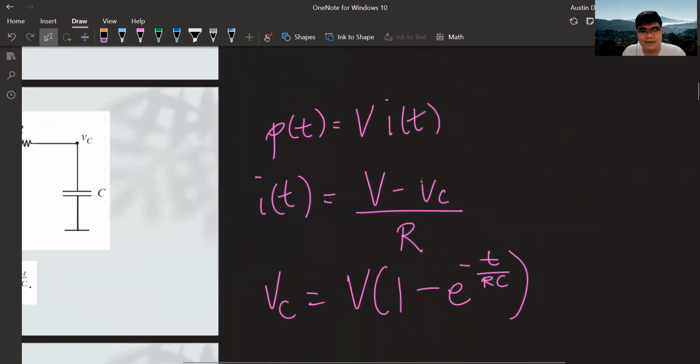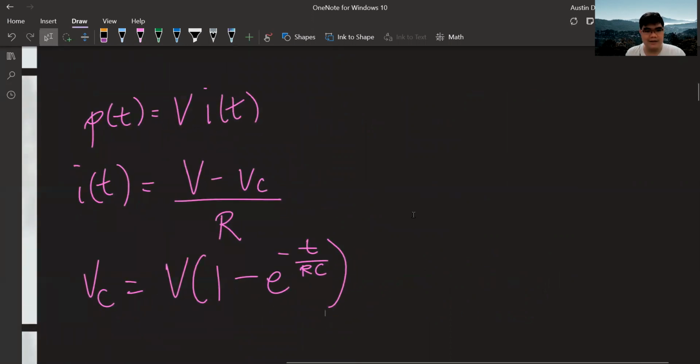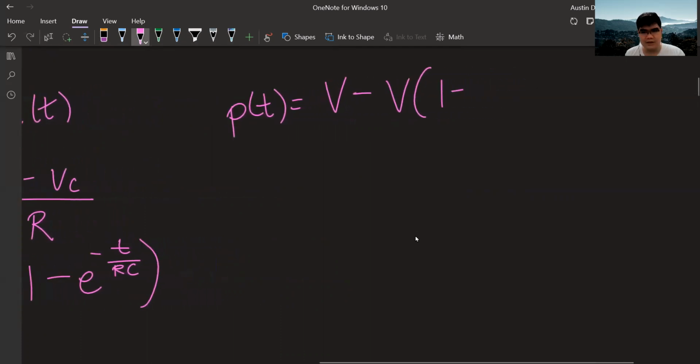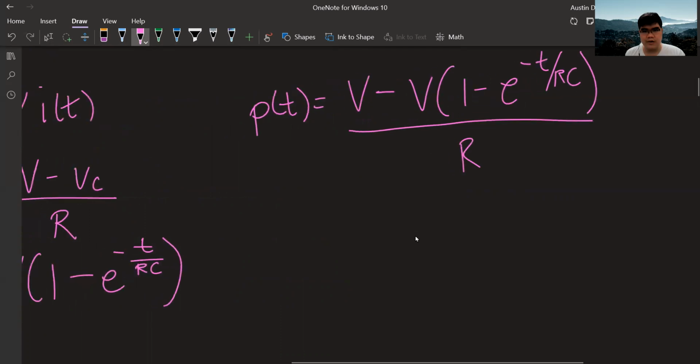All right. Now, let's just combine things. We can see that P of t now becomes apparent to us, which is V times (V minus V(1 minus e^(-t/RC))) all over R. Okay?